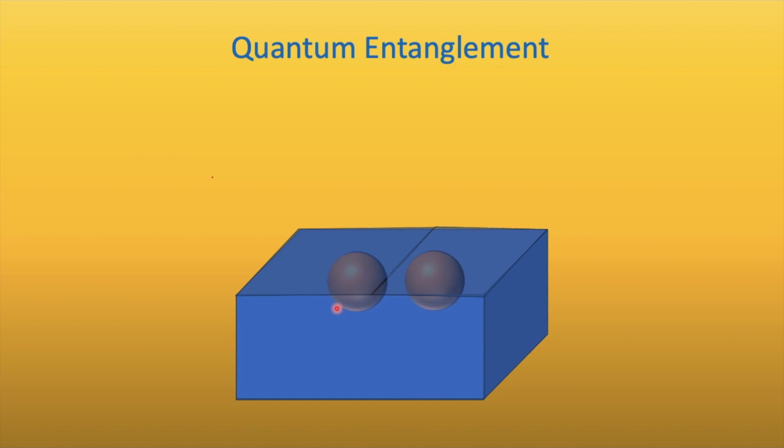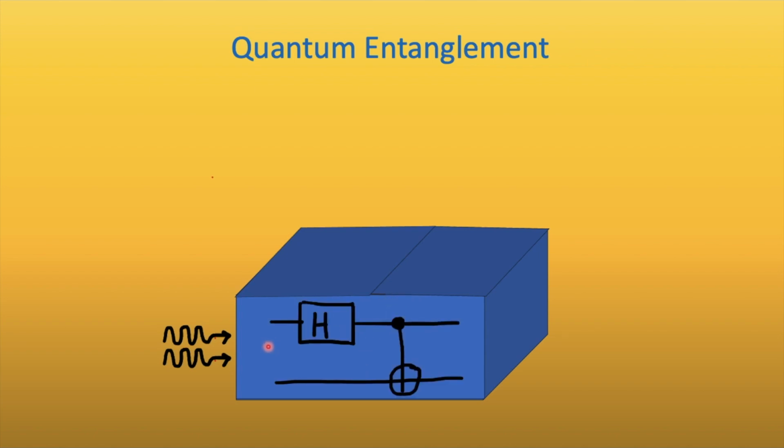These particles in the box go through an operation which operates on the particles and creates the entanglement. This shows that something operates on these particles within the box, and this is the operational circuit which can create the Bell state, and the Bell state is actually the entangled state.